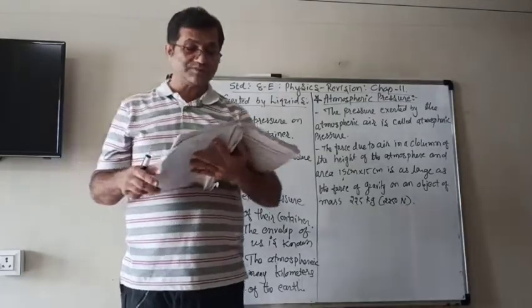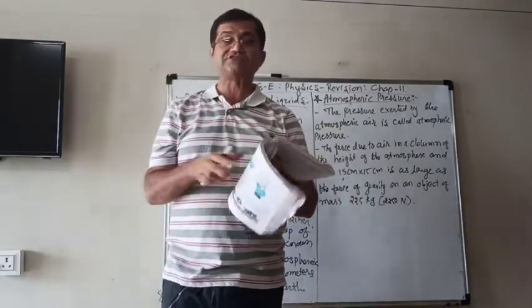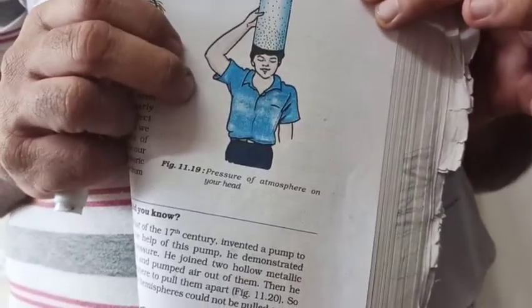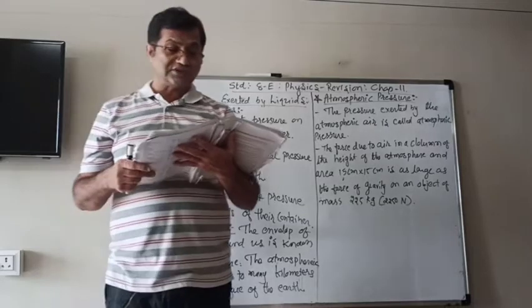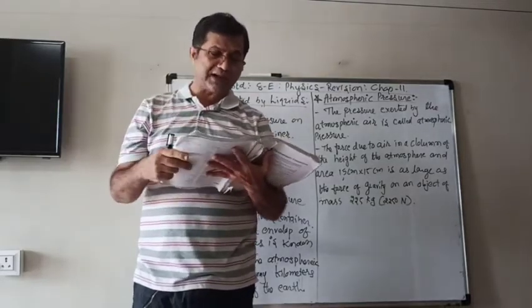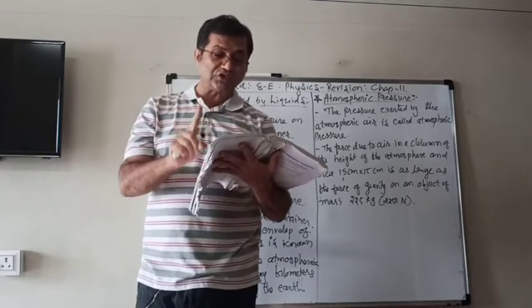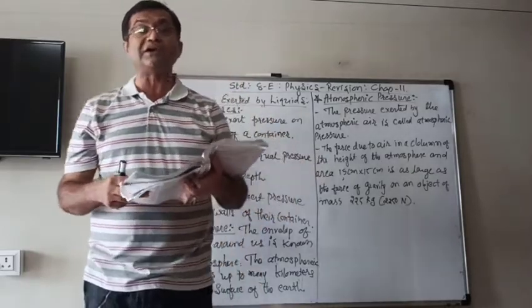And that is how much? The force due to air in a column of the height as shown in the figure here. You just have to imagine that. That is exerting a high pressure. How much? It is nearly equal to the force of gravity on an object of mass 225 kilogram.